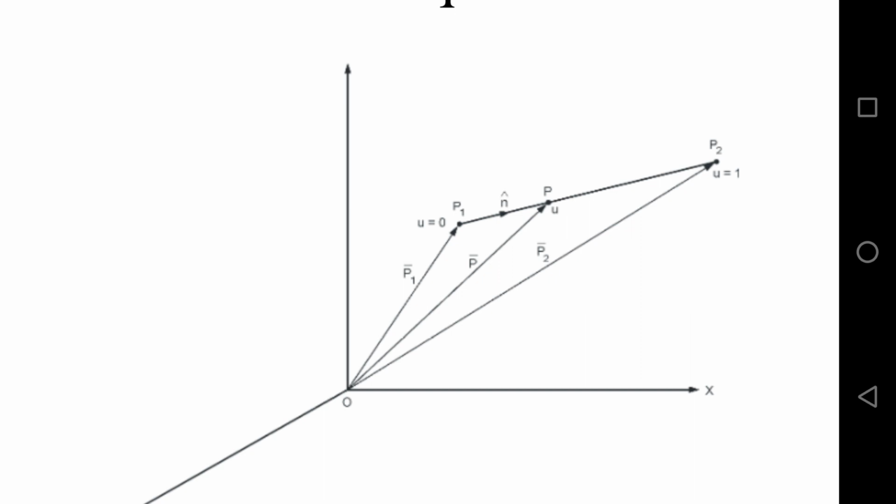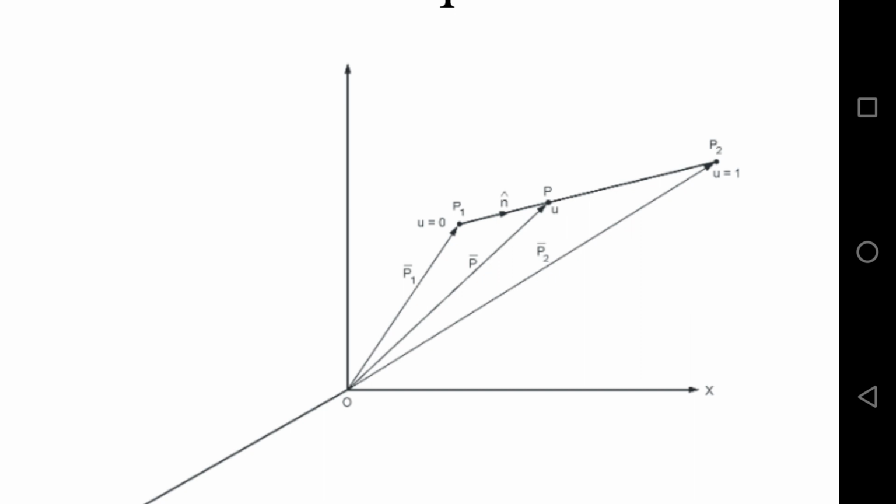It goes from 0 to 1 from P1 to P2. For any point P on line P1P2, wherever you want, the general value of the parameter is u.